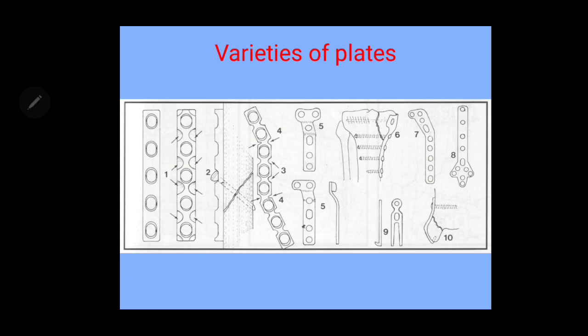In the middle you can see so-called reconstruction plates. You can change their shape easily in all planes. And on the right side, different types of specific T-shape, L-shape plates, which can be used for some specific regions, such as condyles, tibial condyles, maybe malleolus, and so on.